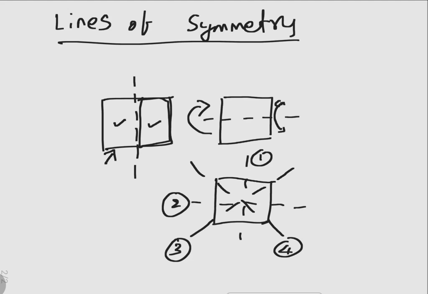So for regular polygons, however many sides there are, you will typically have that many lines of symmetry.